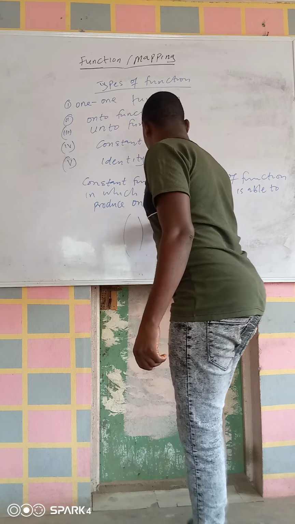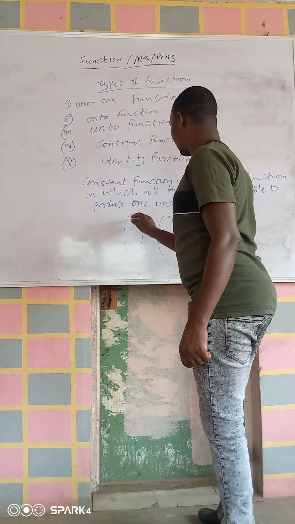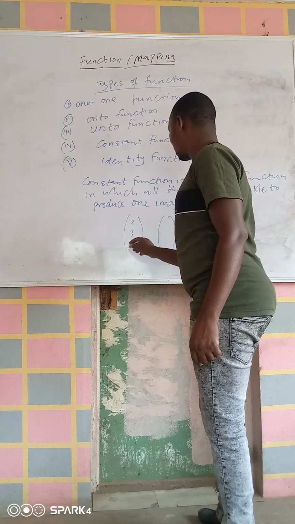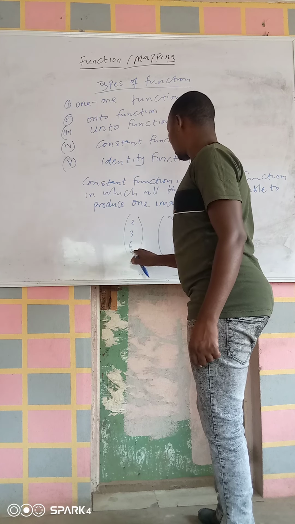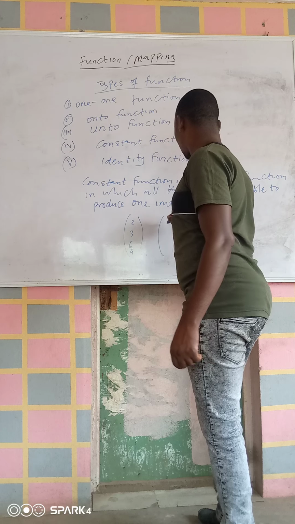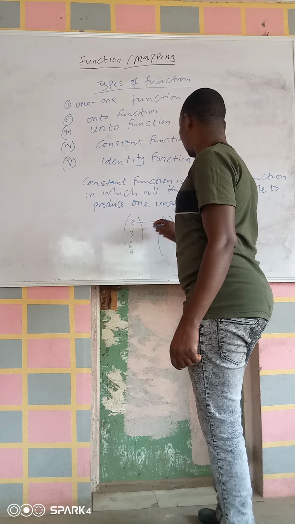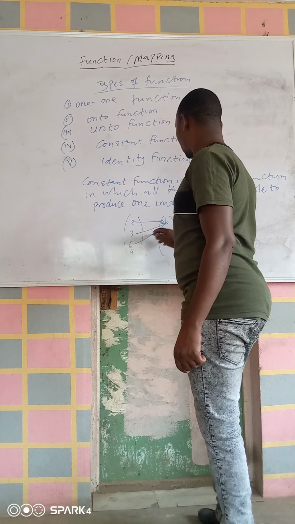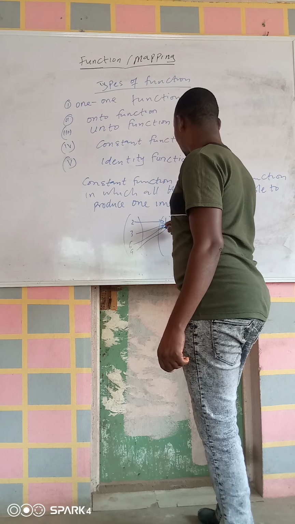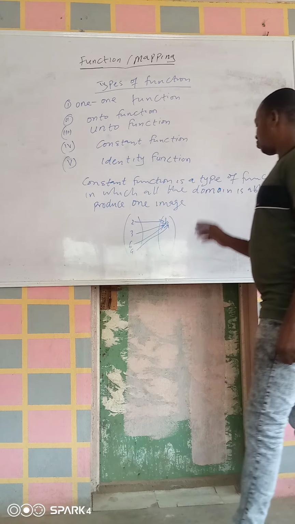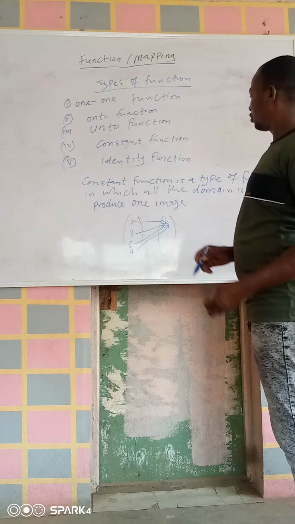Using this arrow diagram, we have 1, 2, 3, 6, 8, and a B. So we have this, and all are able to produce one image.